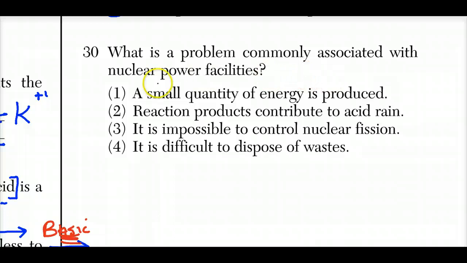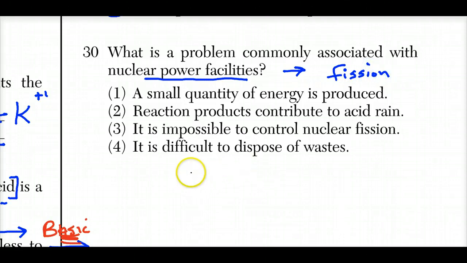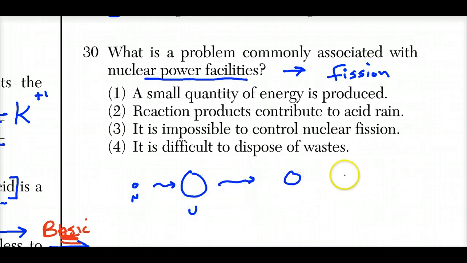Well, nuclear power facilities use something called nuclear fission. You should be aware that nuclear fission is splitting a nucleus, usually uranium or plutonium, with a slow-moving neutron. It captures it and then splits into smaller fragments and some more neutrons that can go find other uraniums or other fissionable material. So it's the splitting of the atom.